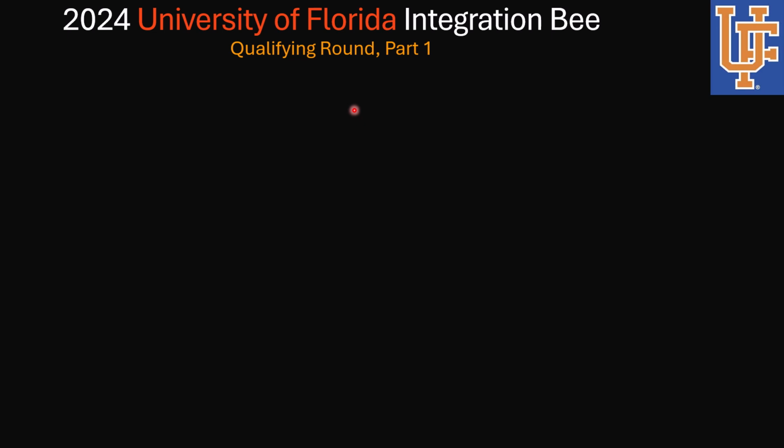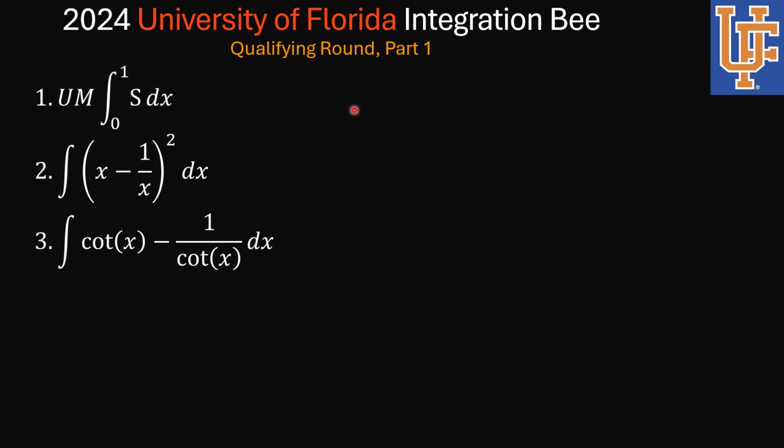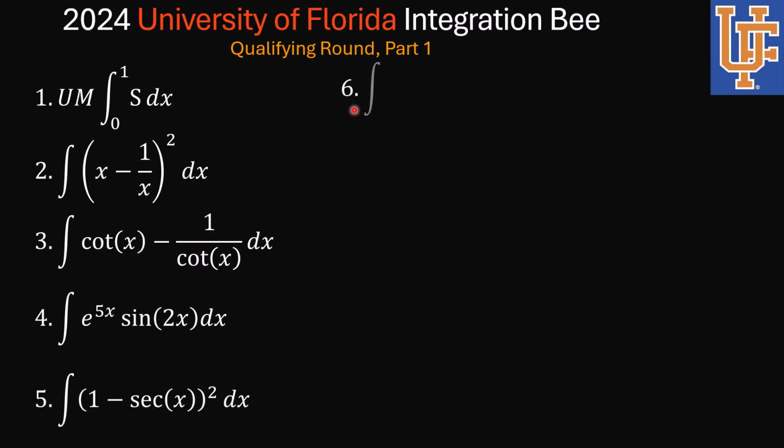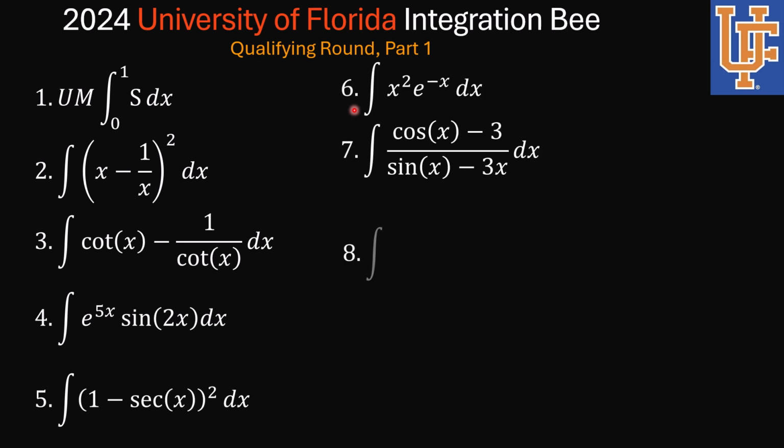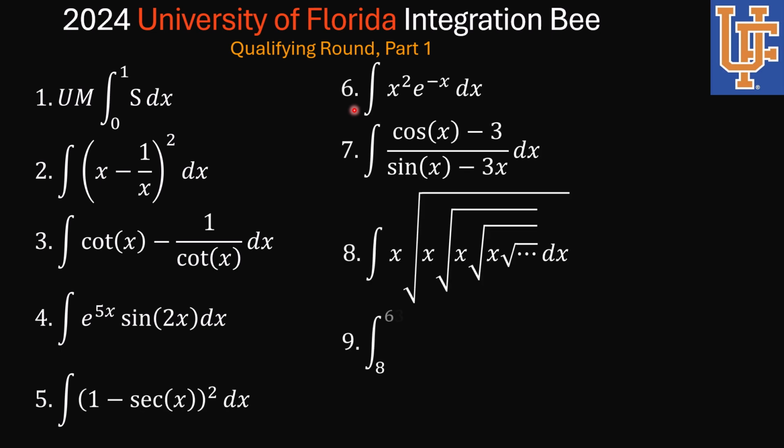We're going to look at the first batch of 10 problems today, and we will call this part one of that series. So we have problem 1, problem 2, problem 3, problem 4, problem 5, 6, 7, 8, 9, and 10. So these are very interesting problems.